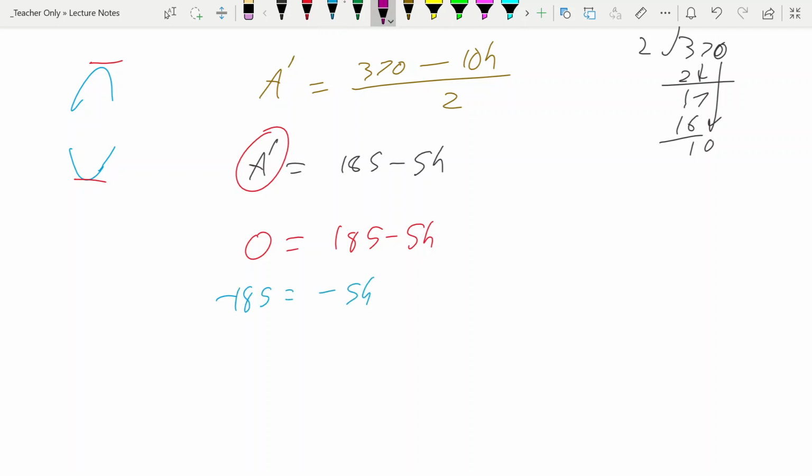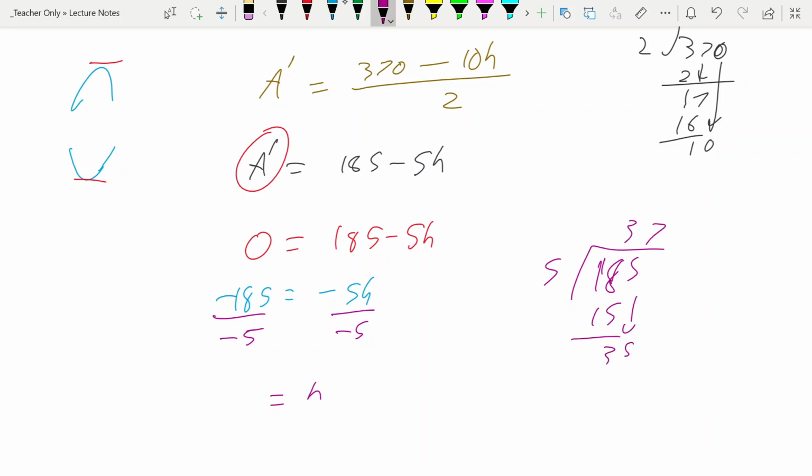Going to divide both sides by -5. And let's see, 185 divided by 5. So this would be 3, 15, 3, bring this down, so 37. All right, so I now know h is 37.